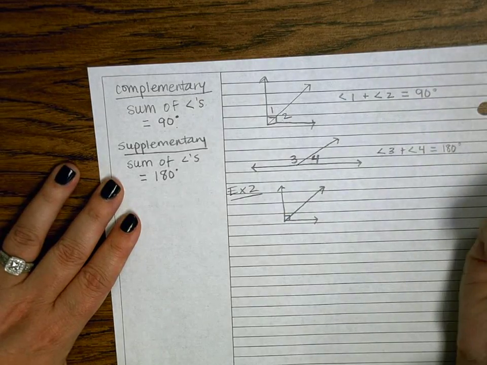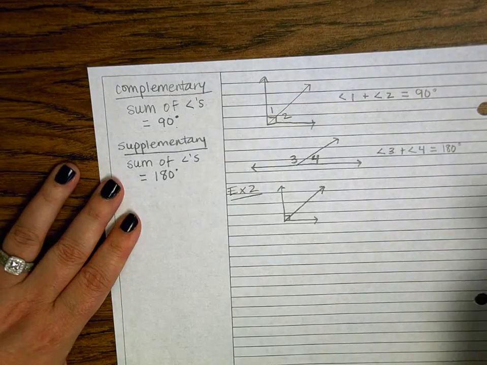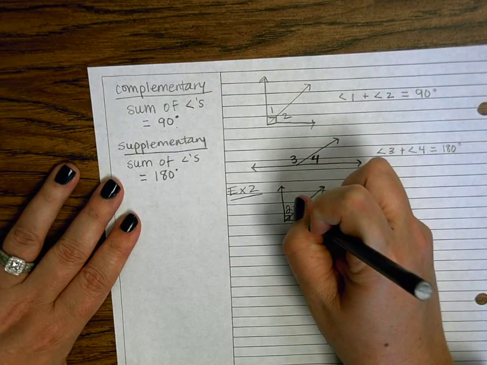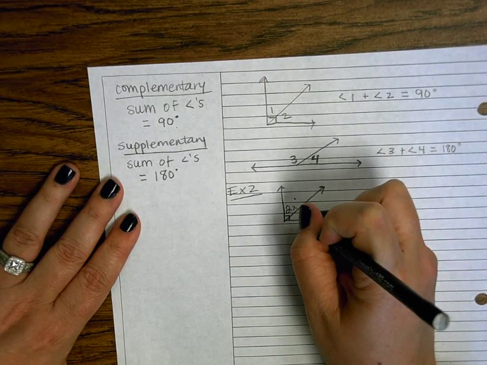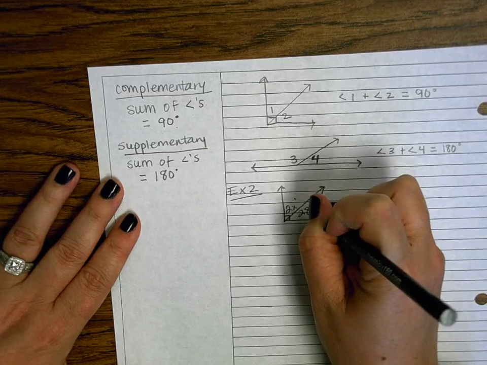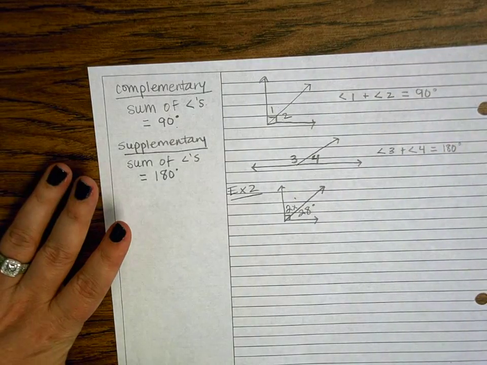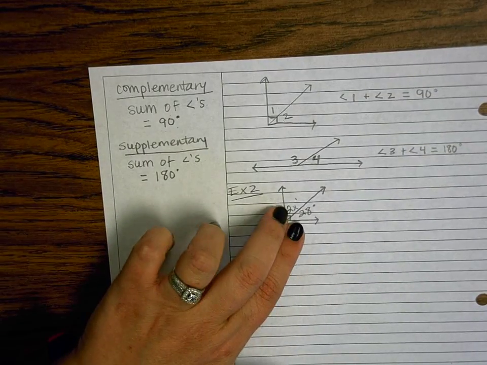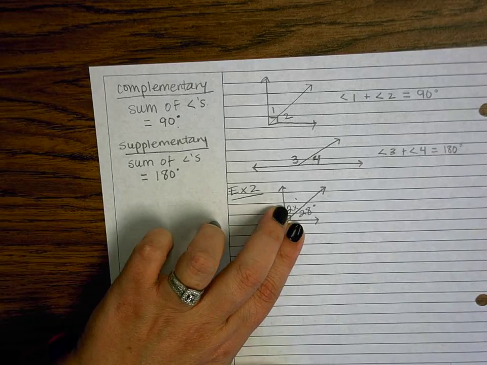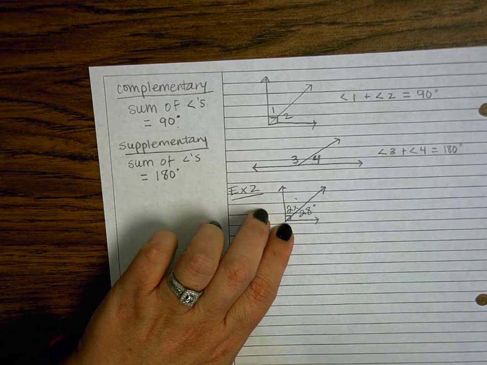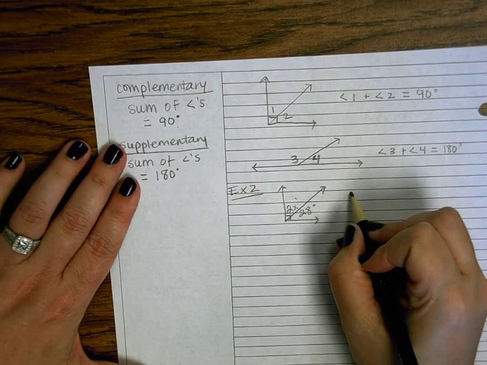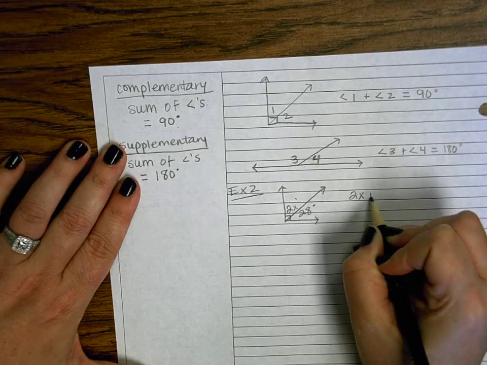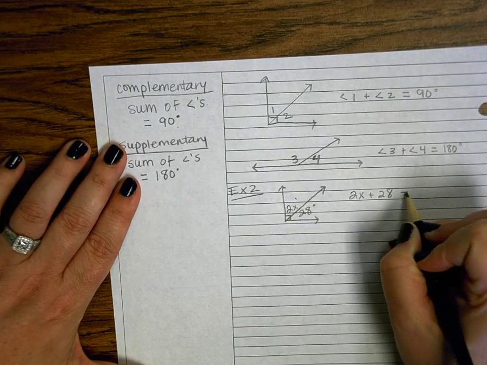But instead of calling it 1 and 2, we're going to call this one 2x degrees and this one 28 degrees. What do these two angles have to add up to? 90. So we're going to take 2x plus 28, and that has to equal 90.